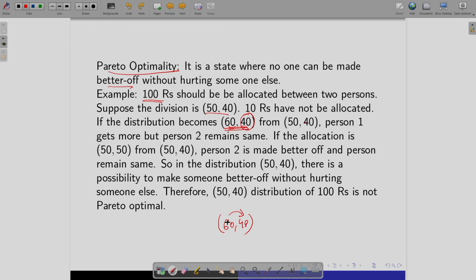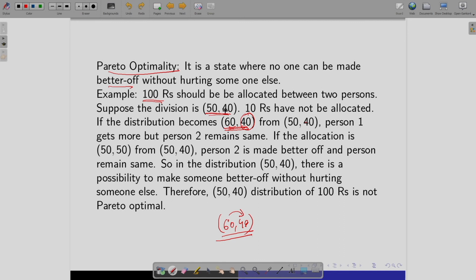So, then what does it mean? If you want to improve this person, you have to hurt this person, and if you want to improve this person, then you have to hurt this person, right. So, this is a Pareto optimal allocation, but the earlier one is not a Pareto optimal allocation when you have 100 rupees, because you can make one person better off without hurting another.